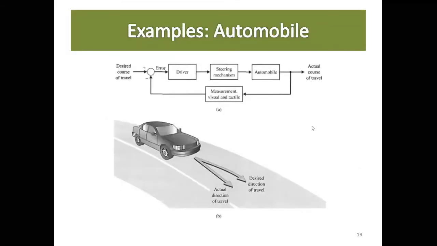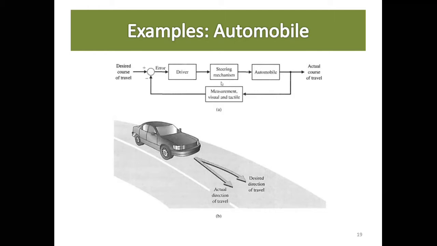Another example is the automobile. It is an example of a closed loop control system. See, desired course of travel, that means it is our desired target, and that is the actual course of travel. And here the desired direction of travel, actual direction of travel.